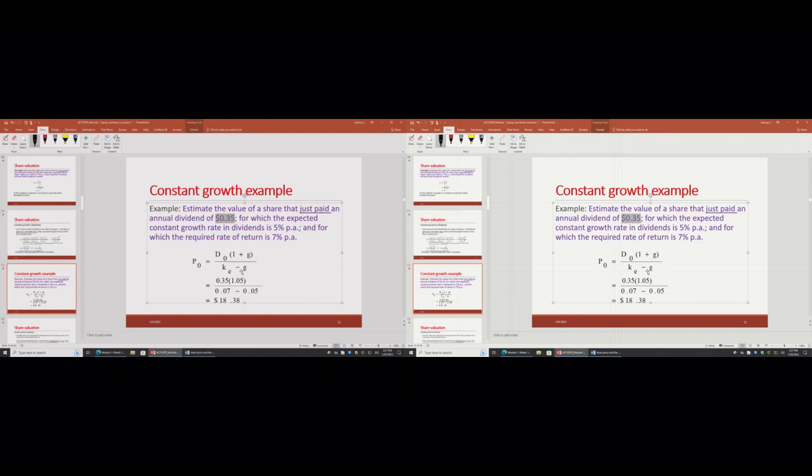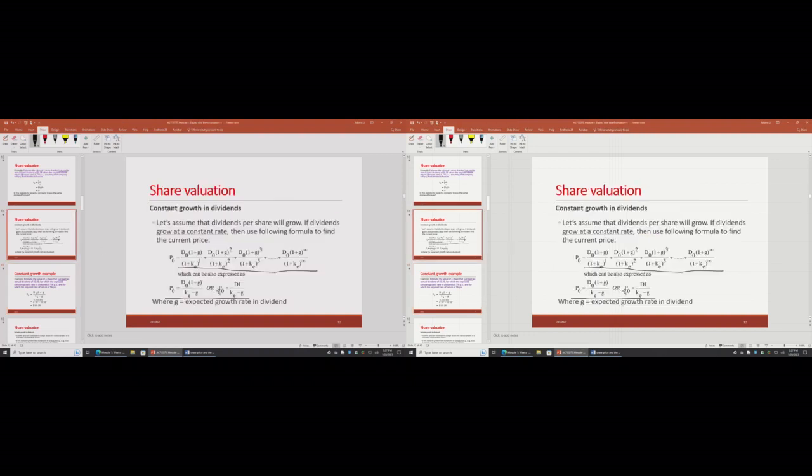But is it realistic to have a negative price? No. So if you want to use that simple expression, there's an assumption that the growth rate should be less than the cost of capital. Otherwise, if the growth rate is greater than the cost of capital, it just means the price will be infinite, because the growth rate of the dividend is so large.